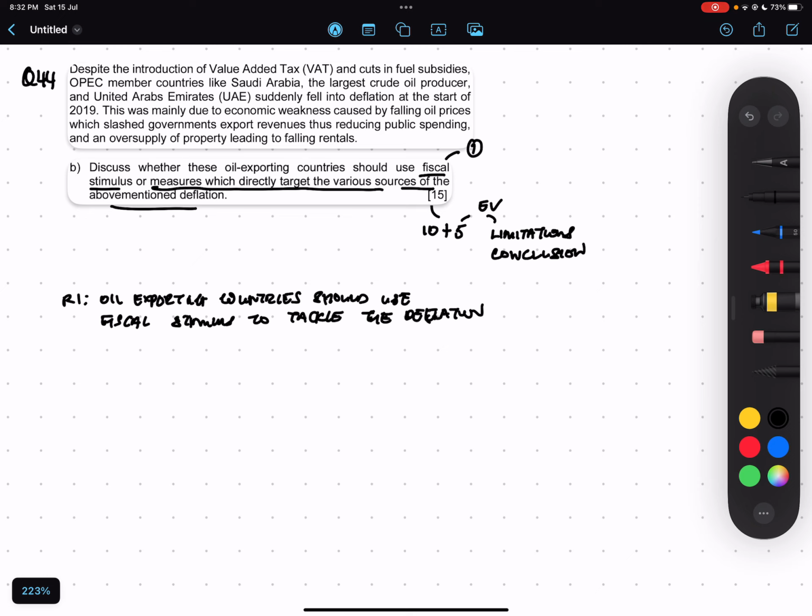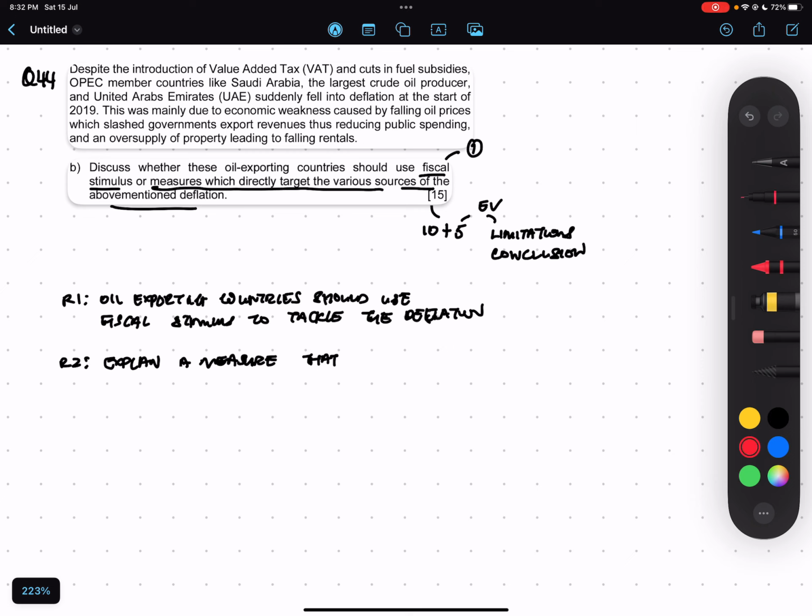Okay. Then requirement 2 would be that you should use. You just explain a measure that directly targets the various sources.